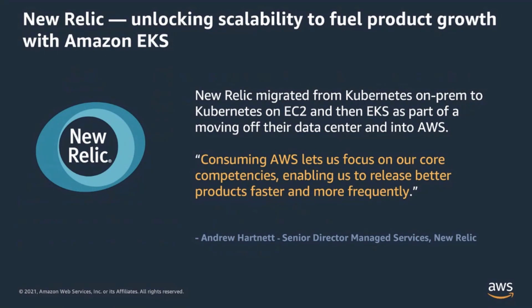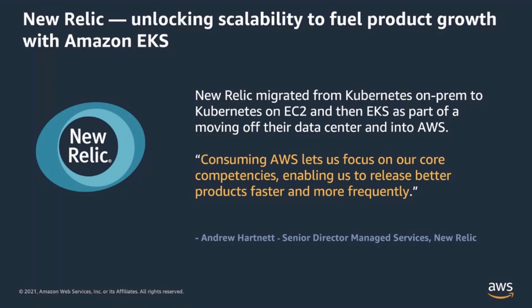Now, before I hand it over to Aaron, I want to talk about a customer who recently moved to EKS and talk about New Relic. For New Relic, the move to EKS was part of a broader migration from their data centers to AWS. New Relic now ingests almost 90% of its customer data on Amazon EKS clusters.